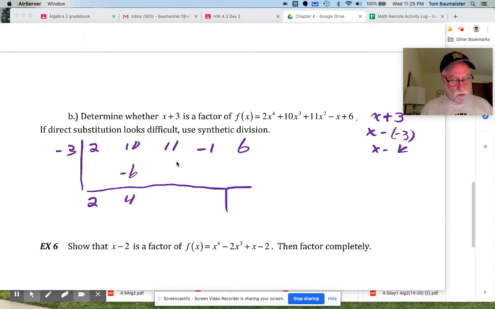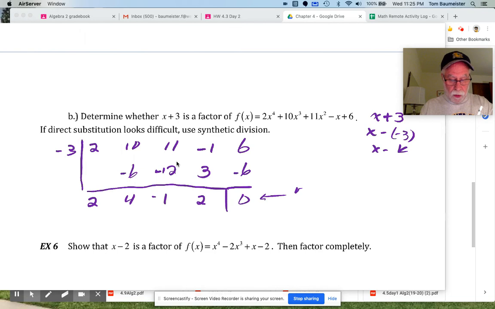Negative 3 times 4 is negative 12. Adding them, we'll get negative 1. Negative 3 times negative 1 is positive 3. Adding them gives me 2. And negative 3 times 2 is negative 6, which gives us 0.